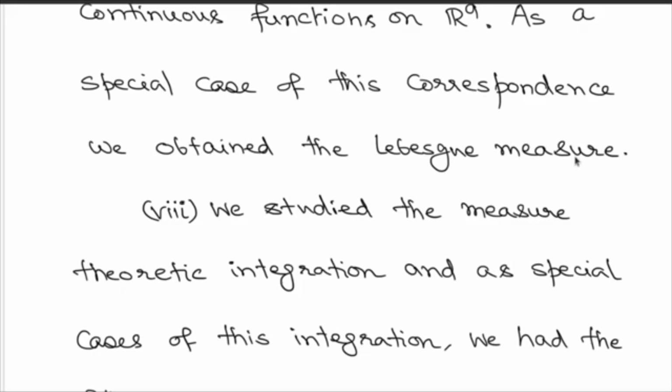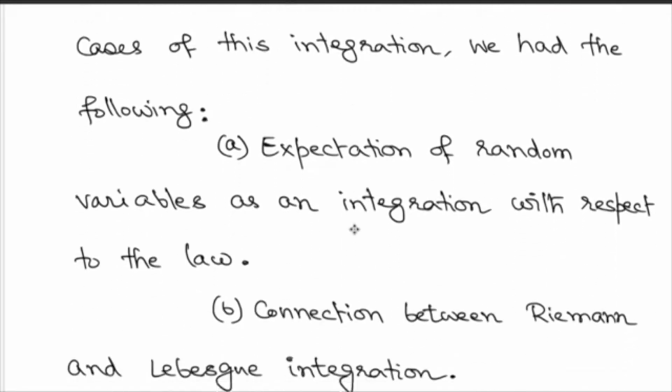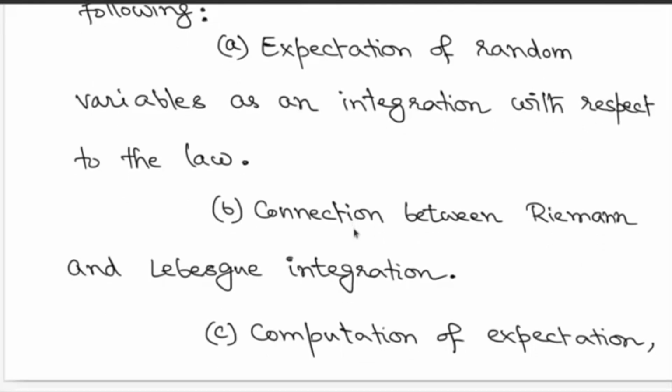Then, after understanding all these different examples of measures, we studied the measure theoretic integration, and as special cases of this integration, we covered the following cases. The first was expectation of random variables as an integration with respect to the corresponding law. So that was the first thing that appeared as a special case of measure theoretic integration.